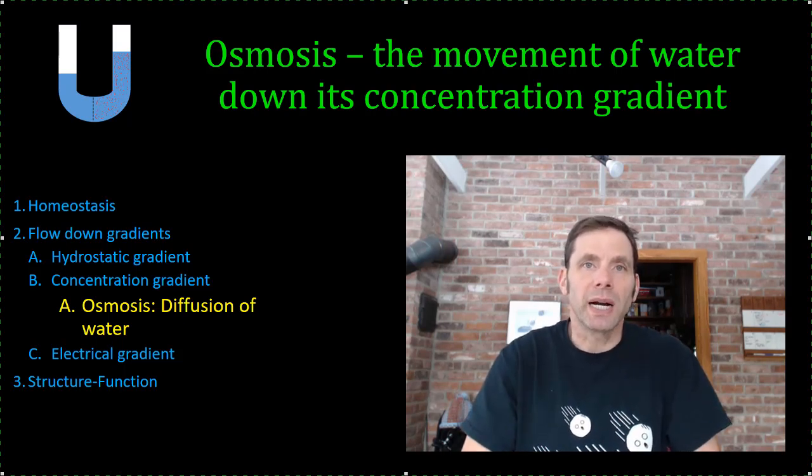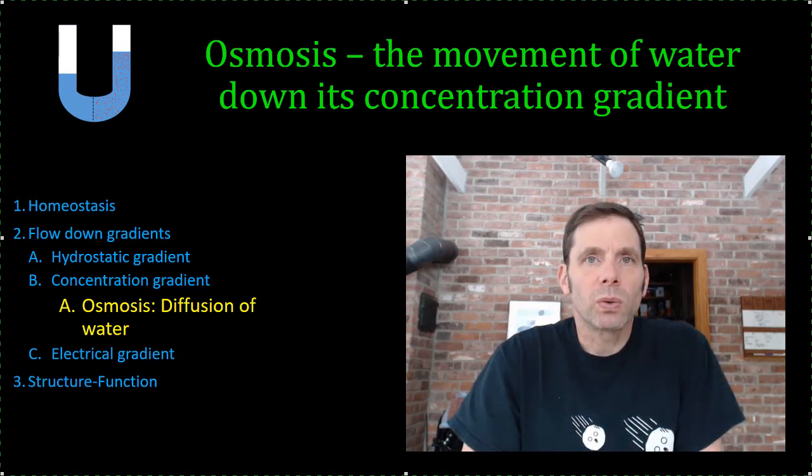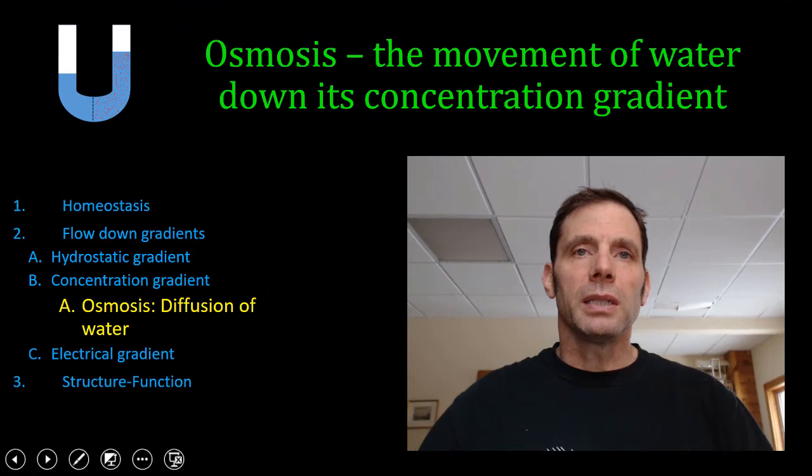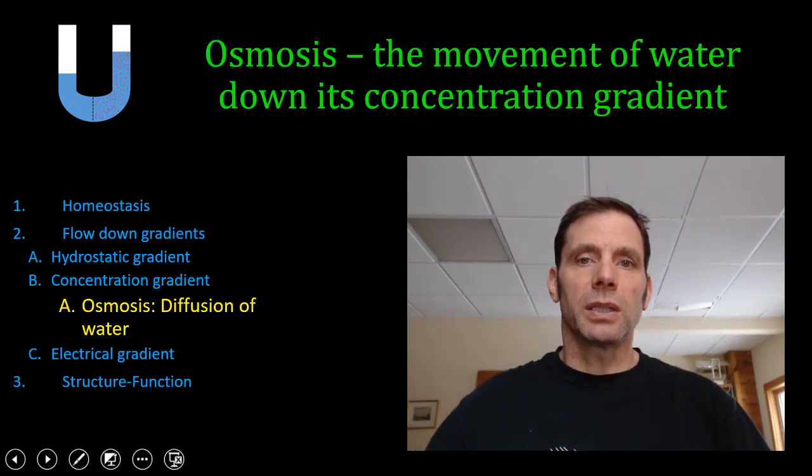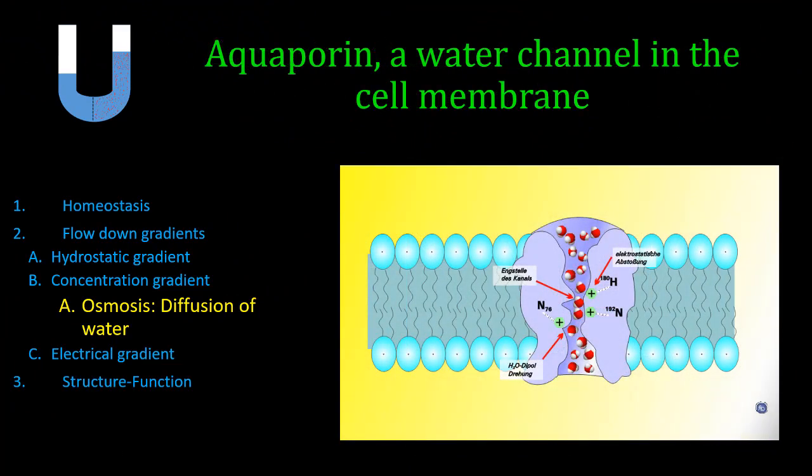An electrical attraction could move sodium ions, but would also attract potassium ions and calcium and other important electrolytes. So the only way water will move in a different direction from other solutes is down its concentration gradient, or through osmosis.